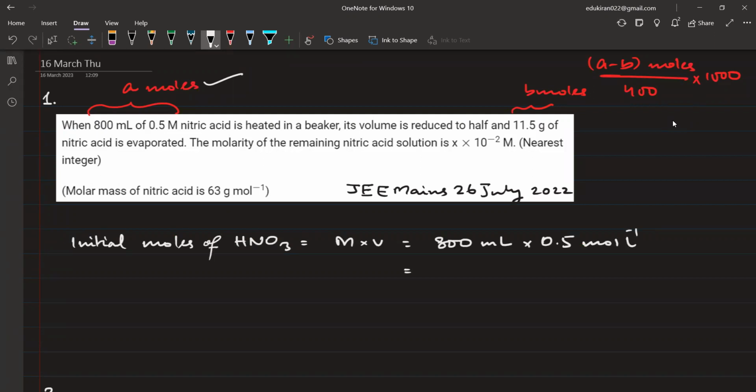So here the liter inverse and liter will get cancelled. You will get 800 into 0.5, that is 400. This is milliliter, so the milli remains and it becomes milli moles, which will be equal to 400 into 10 to the power minus 3 moles. You can write this as 0.4 moles.